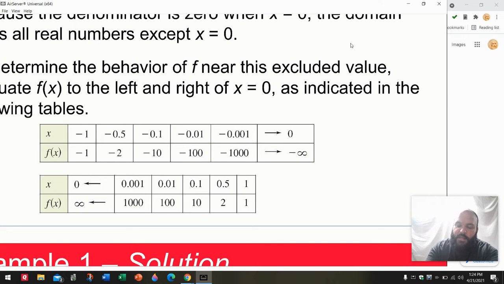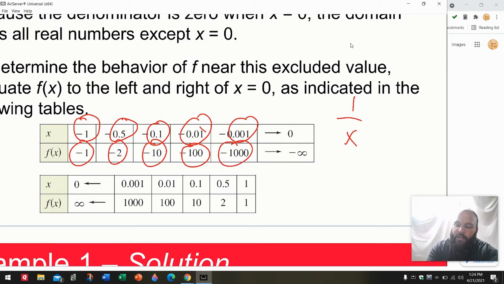But what we want to see is what happens to the y values as our x value gets closer and closer to 0. And what you see here is as the bottom of the fraction, remember we're dealing with 1 over x here, as these x values get smaller and smaller, the y values are getting larger and larger and larger. So the outputs of this function get bigger and bigger.